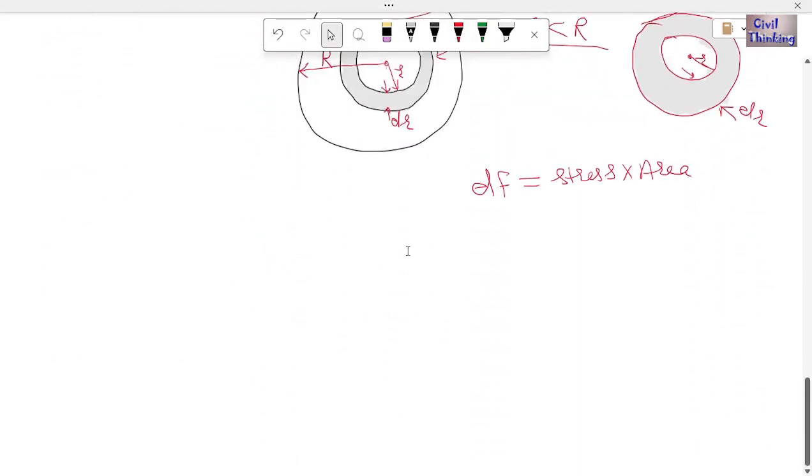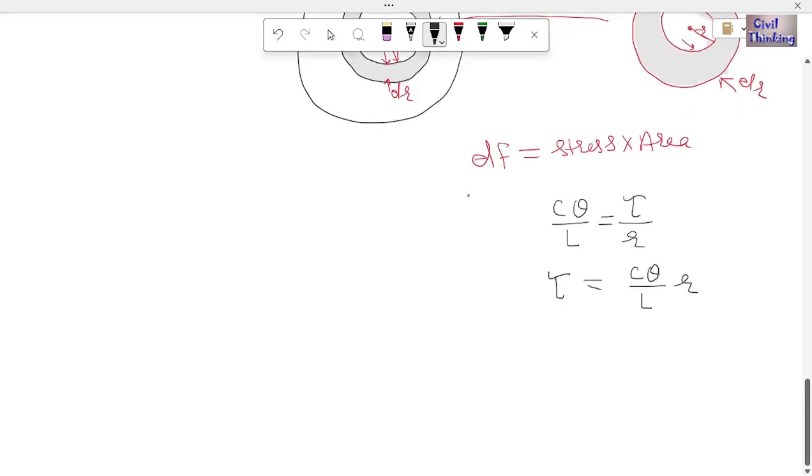From here we can get shear stress tau is equal to C theta divided by L times R.